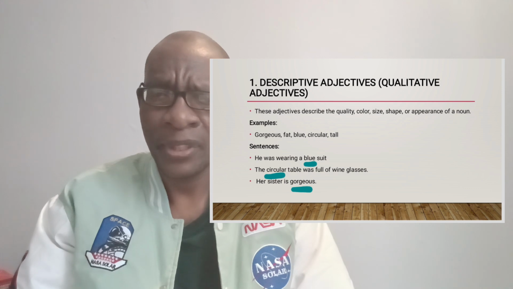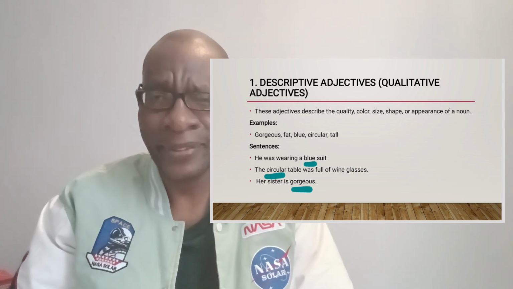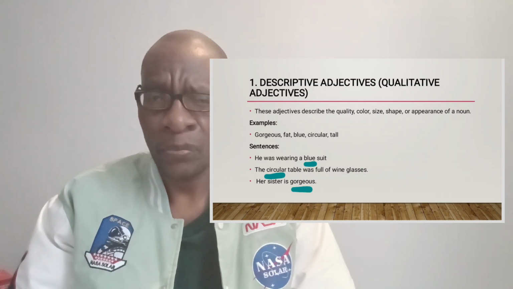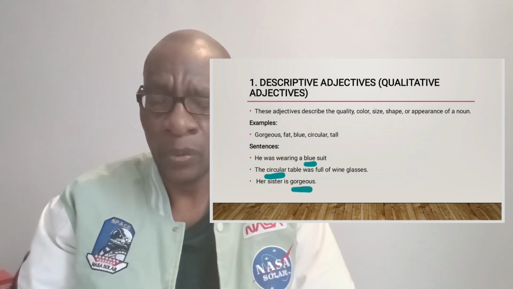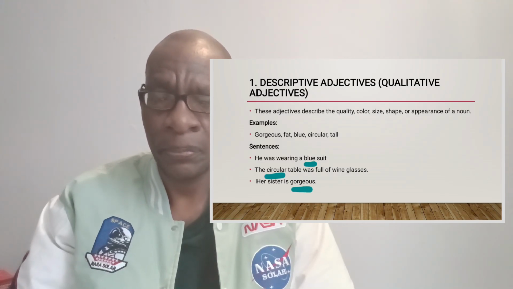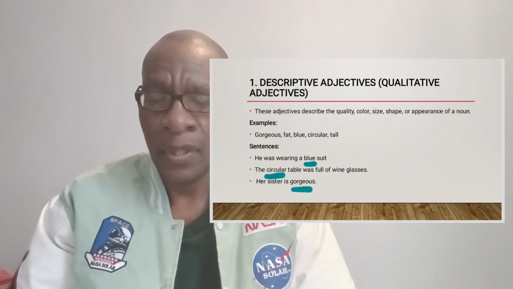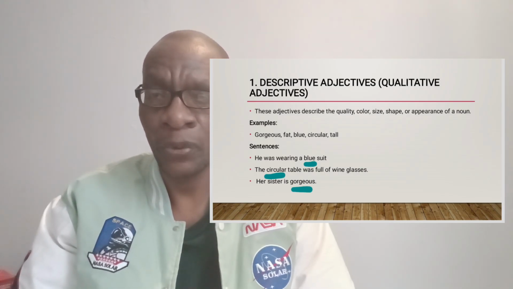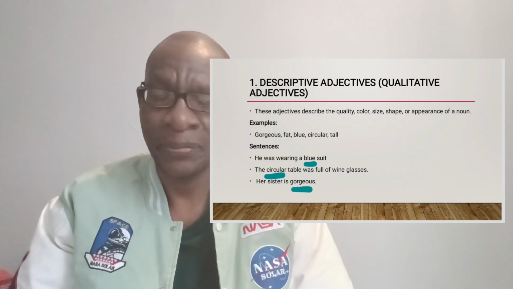Let's try and use these examples in sentences. Our first example would be, he was wearing a blue suit. Our second example would be the circular table was full of wine glasses.